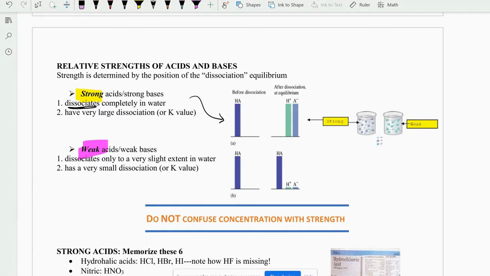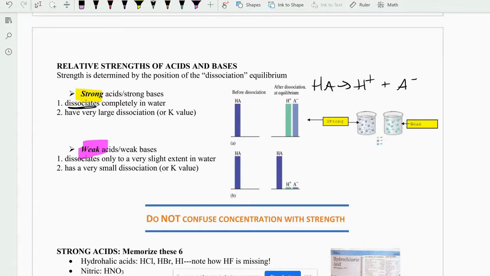So when this happens, we can assume that the acid is going to fall far to the right, or in other words, it's going to have a very large K value because it is going to almost 100% disassociate into its products, which again are the hydrogen proton and whatever other anion it's attached to.